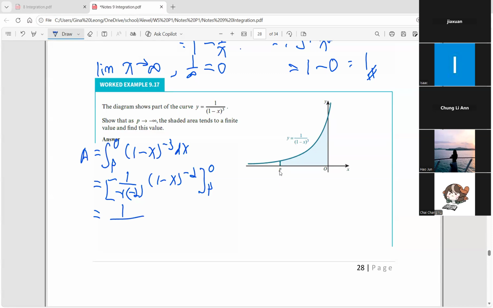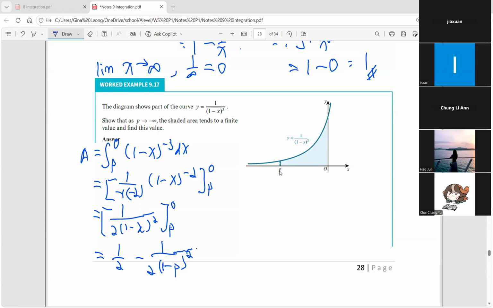I will get 1 over 2, 1 minus x squared, from p to 0. Then I replace the 0 into here, and I replace the p here, so I will get 1 over 2 minus, 1 over 2, 1 minus p squared.